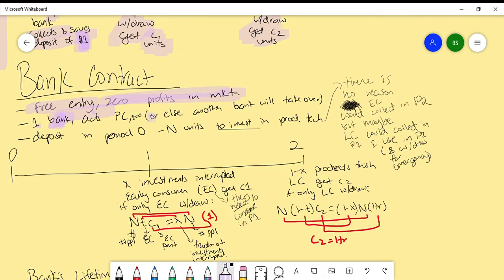Why? Because if it made a profit, another bank could start up and offer a better deal, and this bank would lose all its customers. We don't want that, so it has to act as a perfect competitor with zero profit.